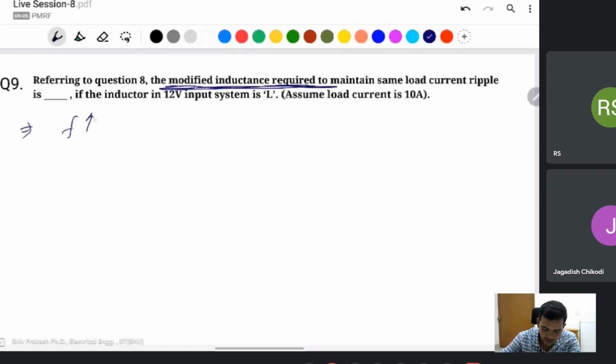Referring to question number 8, if you have increased the output voltage, then you increase the frequency twice. Then the current ripple, you know, delta IL is equal to input voltage into D by FL.